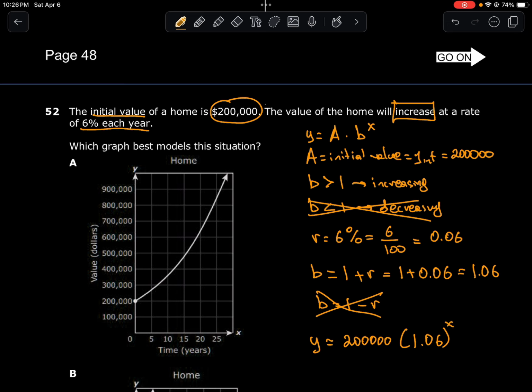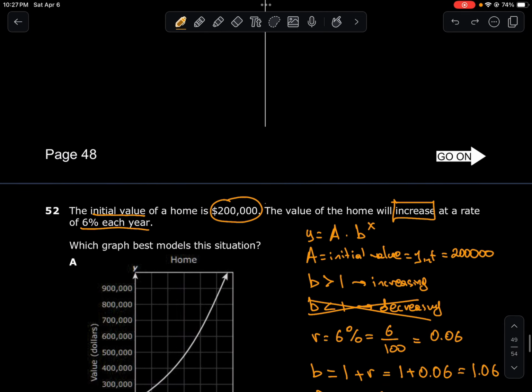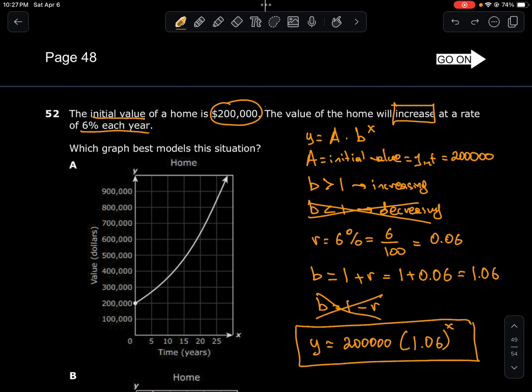Now I have a lot of information, and we should be able to utilize this form of the exponential and, based on the data, write down the exponential function. Now that we have the function, we can check, without even putting it on the graphing calculator, and eliminate some of the choices.